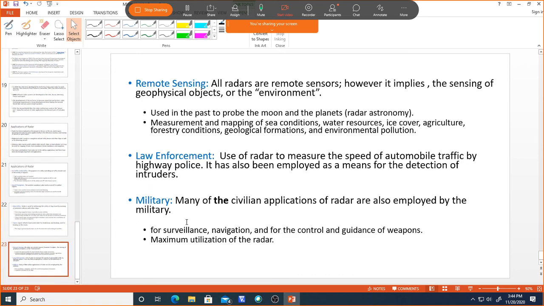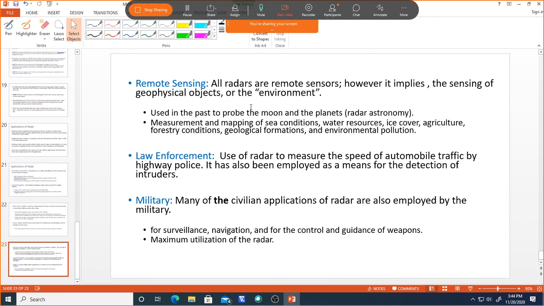Even in remote sensing, we can detect geophysical objects and weather conditions, and radars can give early warnings so that they can control the situation or send the information to the required place.